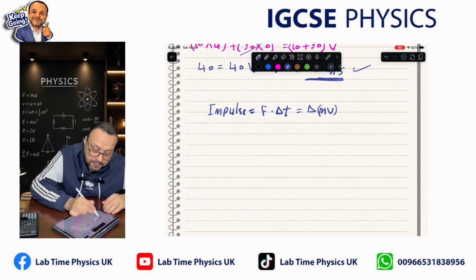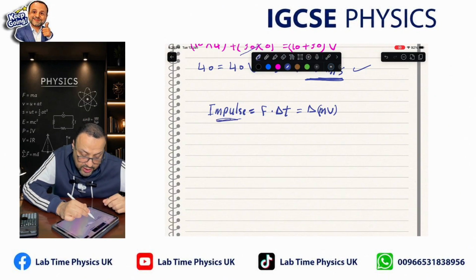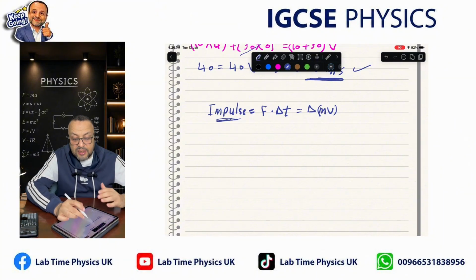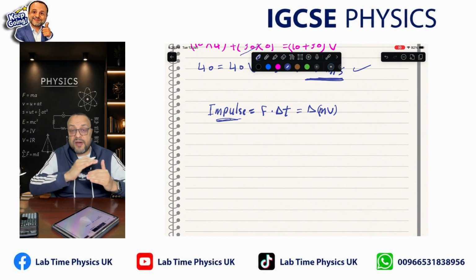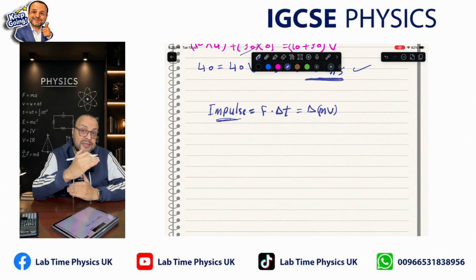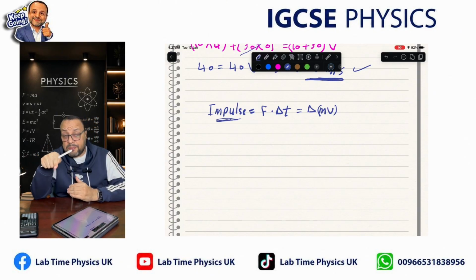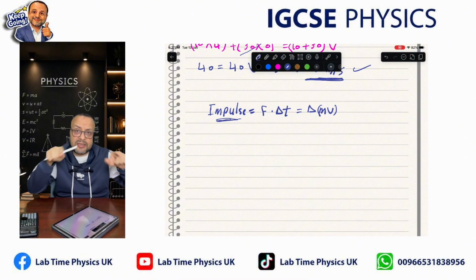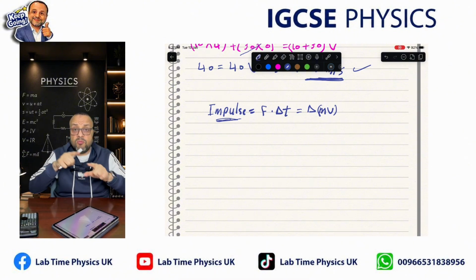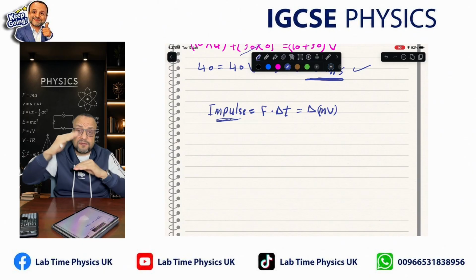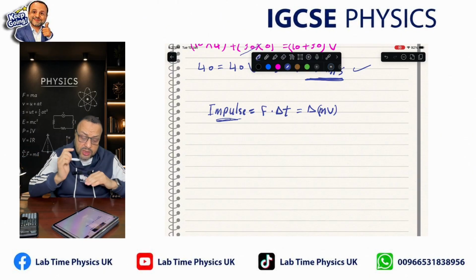So the impulse equals F times T equals delta mv. Delta mv is the change between final momentum minus initial momentum. If the problem gives you two velocities, you have to get the change in momentum: just subtract final momentum minus initial momentum.